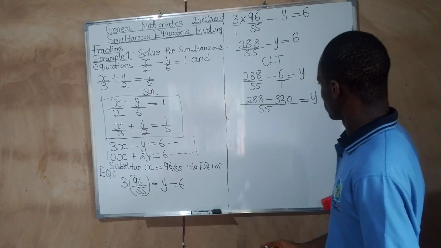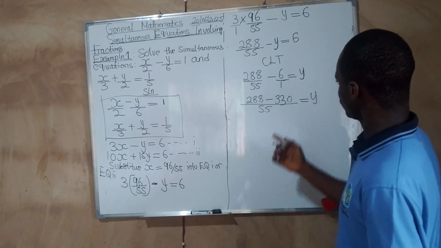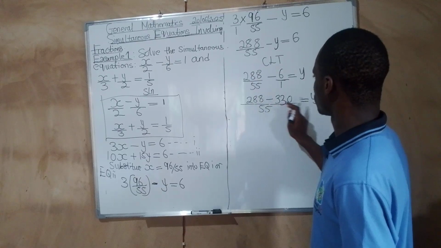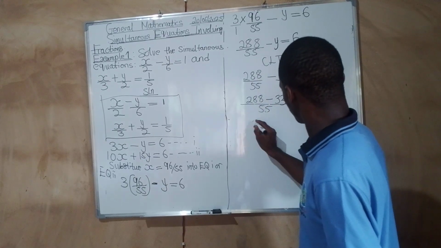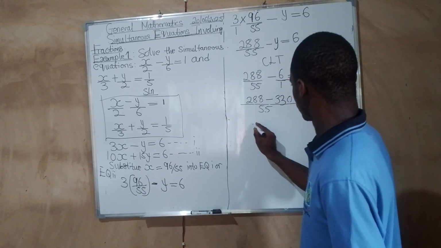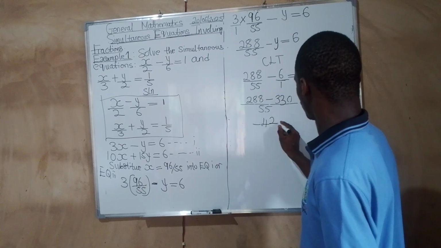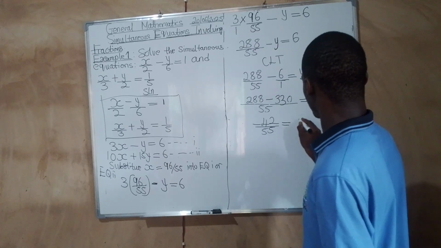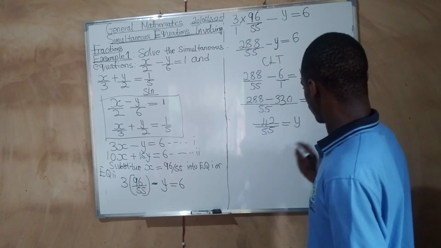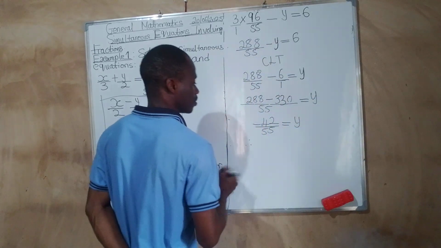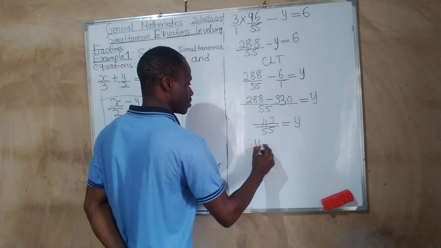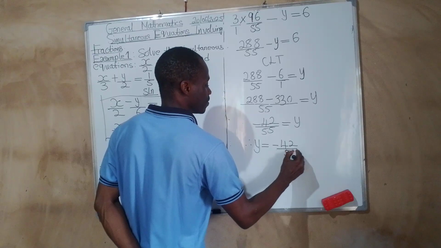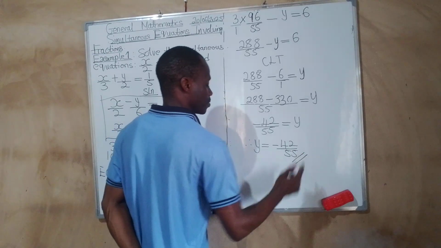That's 42. Good. So 288 minus 330 will give us minus 42. Minus 42 over 55 is equal to y. So therefore y is equal to minus 42 over 55. That's our final answer.